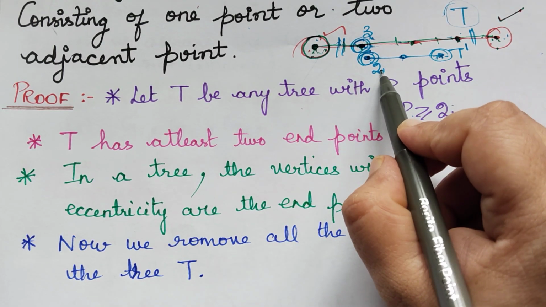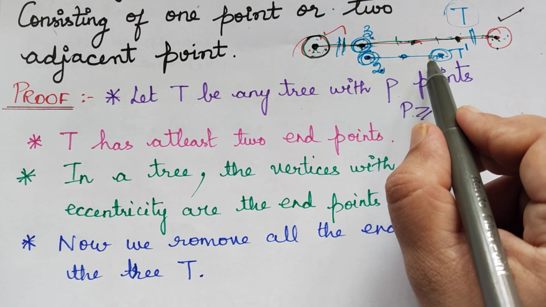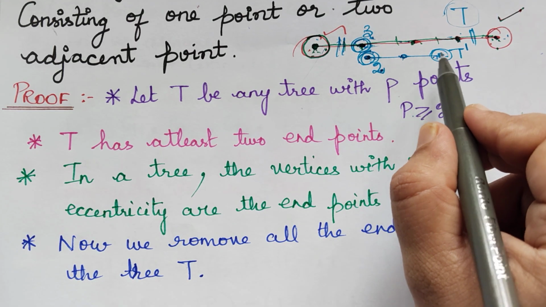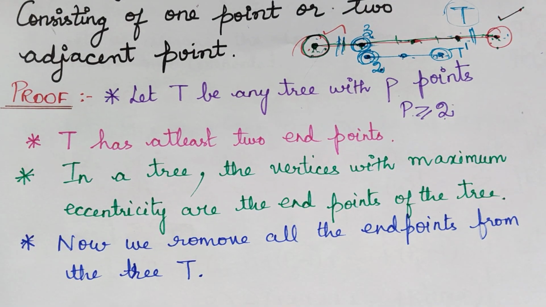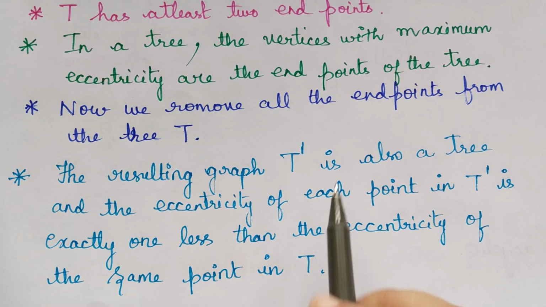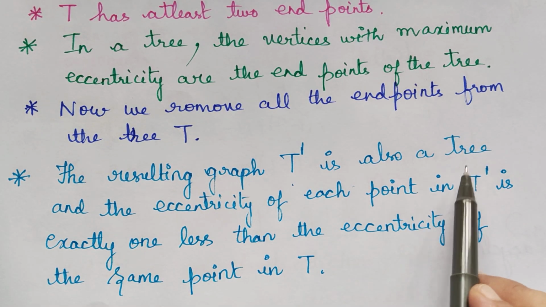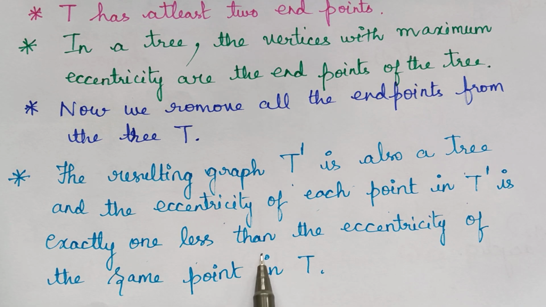So in the graph T dash, the eccentricity of each of the points is exactly 1 less than the eccentricity of those points in the graph T. Let us put that into words. The resulting graph T dash is also a tree, and the eccentricity of each point in T dash is exactly 1 less than the eccentricity of the same point in T.